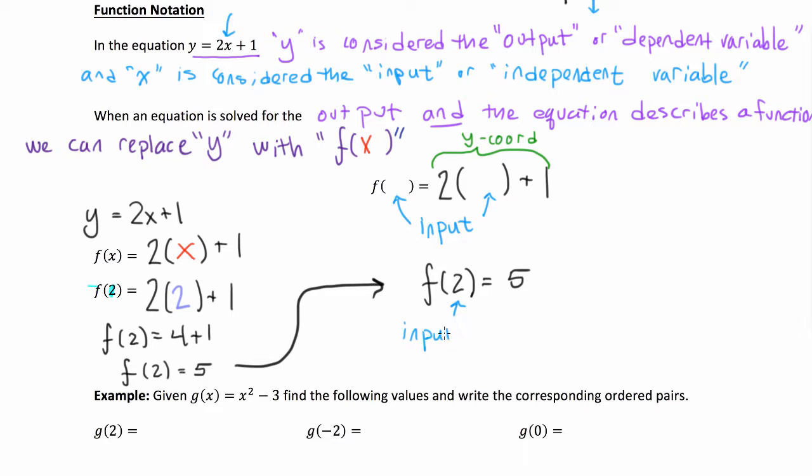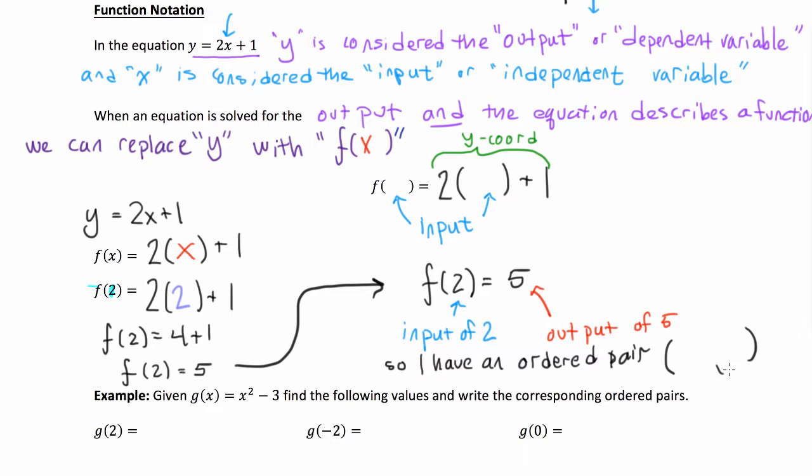and it has an output of 5. So this corresponds to an ordered pair. So I have an ordered pair, and that ordered pair is (2, 5).